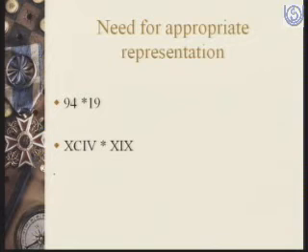The slide says you are required to multiply two numbers, 94 by 19. Now, if it is written in Roman numerals, which is given at the bottom of the slide, then it is X followed by C followed by I, V, which is multiplied by XIX.